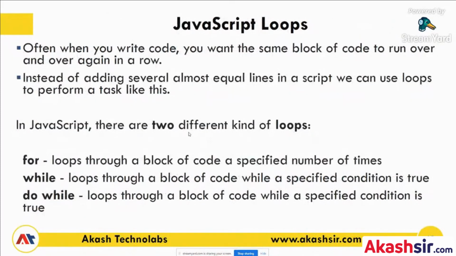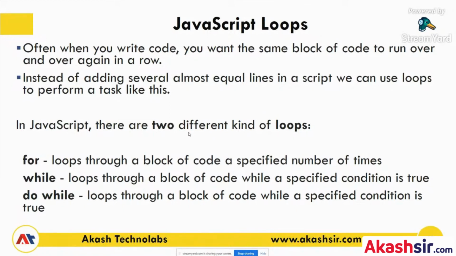Okay. So let's talk about loops. Loops, you know very well. I want to do the operation of printing 1 to 100, right? We have 3 different loops: for loop, while loop, and do while loop. Okay. For loop is one of my favorite loops, right?